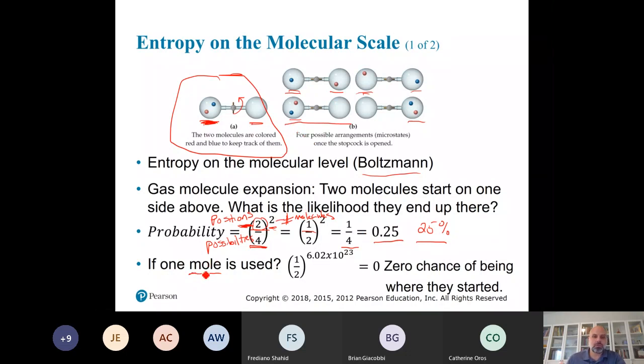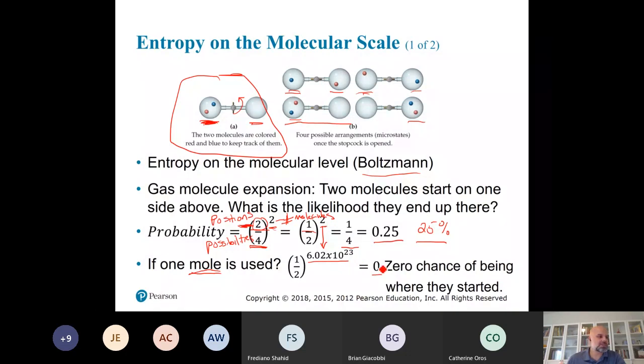If we use 1 mole instead, this is going to be the same 1/2 to, instead of 2, we're going to be using Avogadro's number. So instead of 2, we have Avogadro's number here. And if you take 1/2 to the 6.02 times 10 to the 23rd power, this number equals essentially 0.